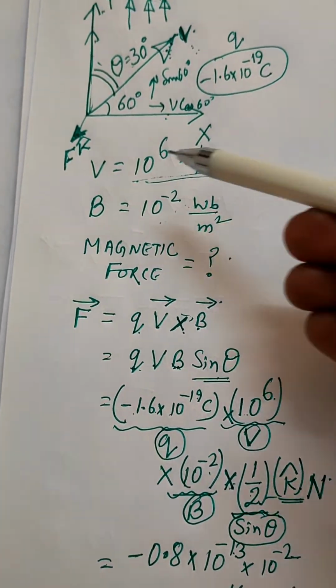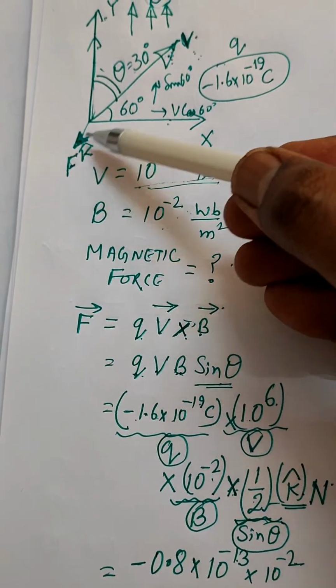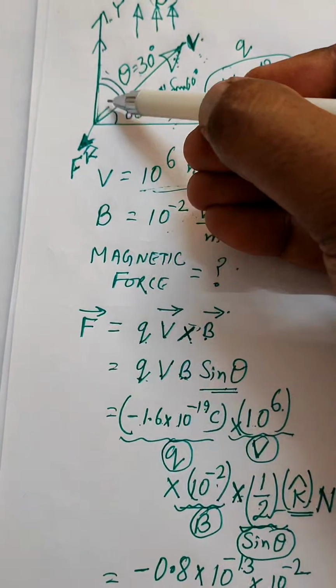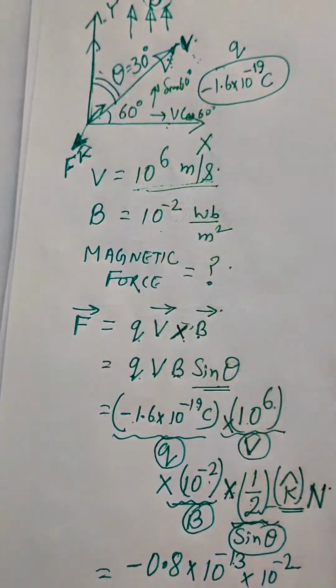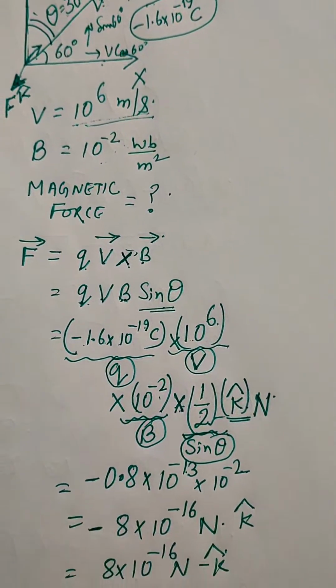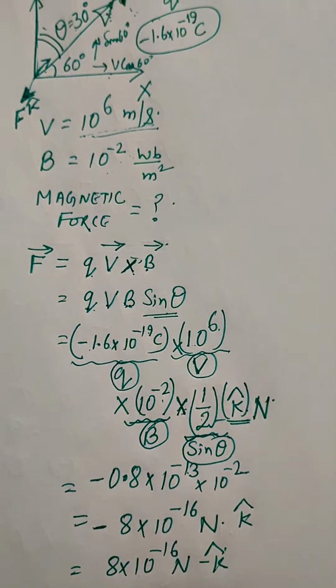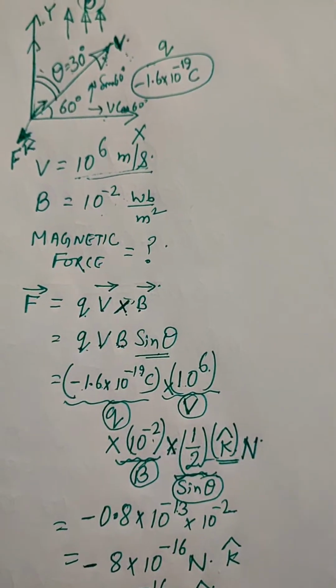That means this should not come out of the page, this should go within the page like this, minus K. If this is K, minus K will be reversed to that. So this is your answer, and in this way we have solved it.